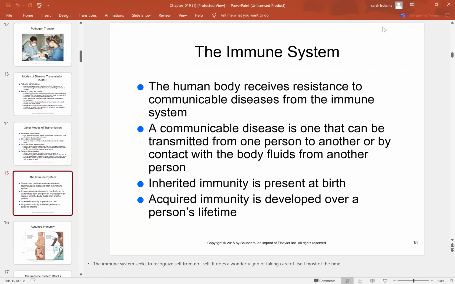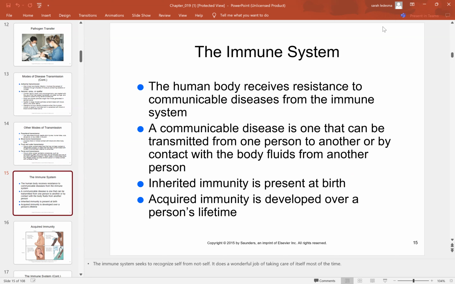The immune system. The human body receives resistance to communicable diseases from the immune system. A communicable disease is one that can be transmitted from one person to another or by contact with body fluids from another person.